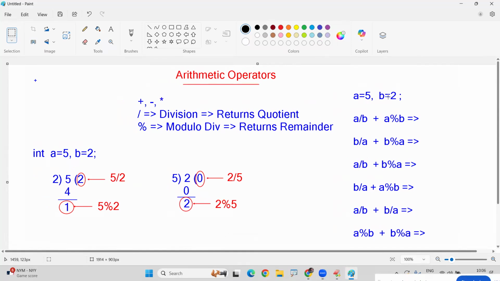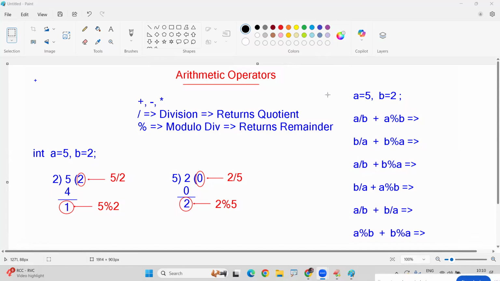So based on A and B values, of course, what all the operations I'm asking here, clearly I explained here. Please write the outputs for all these 6, everyone. Please note down all this. Hope you noted down. Those you just try.